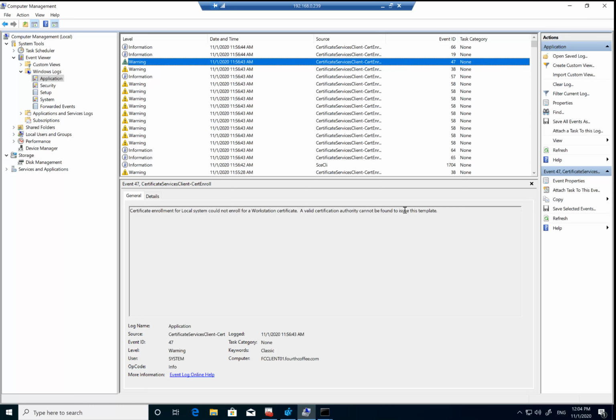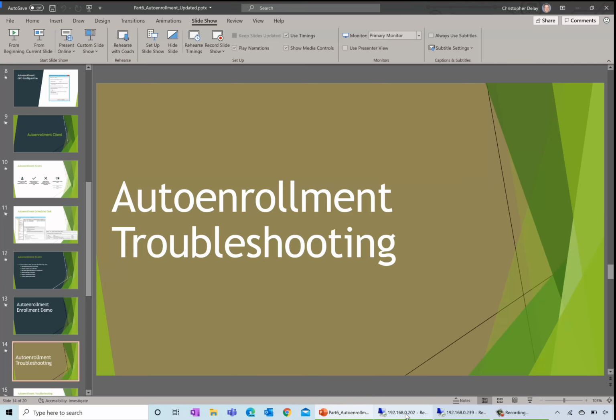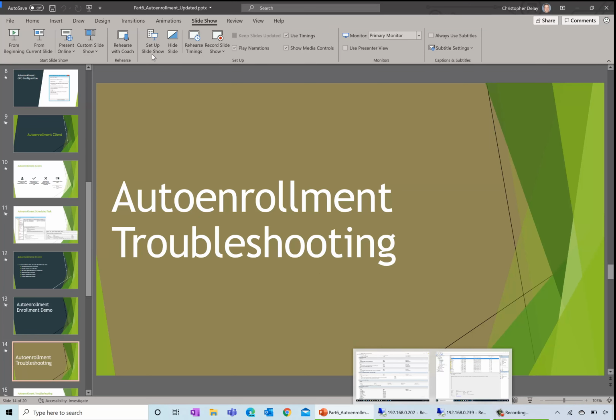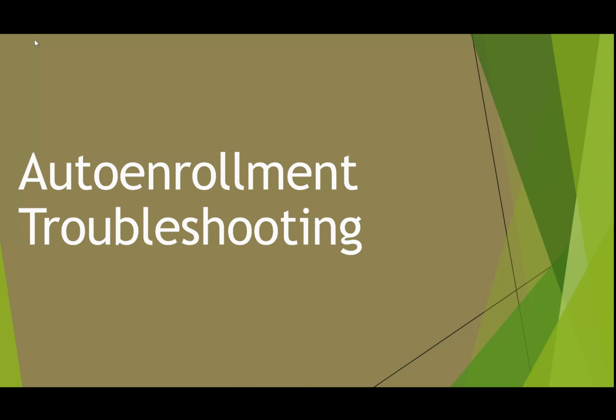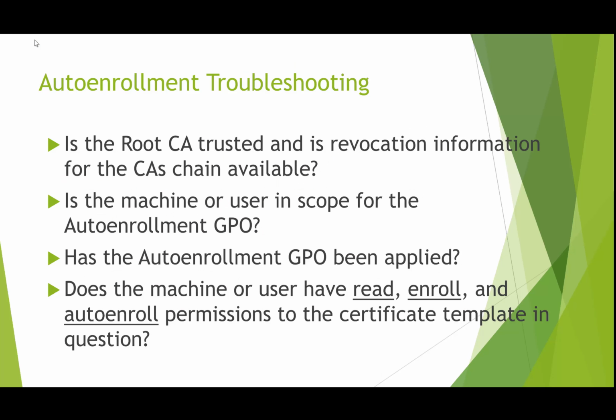If you go back to my video on auto enrollment, that'll cover that stuff in detail. So again, you can use these logs, but generally it's either the things in scope for GPO, then you have permissions of the template, and the template's on the CA, and that's pretty much most of the troubleshooting you have to do. There's some other things you could run into.